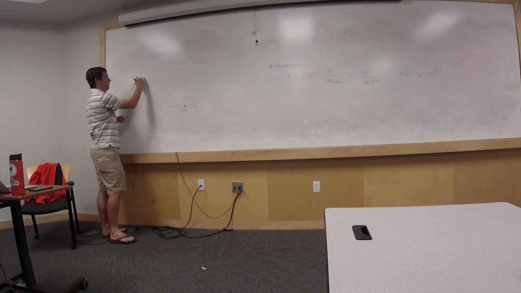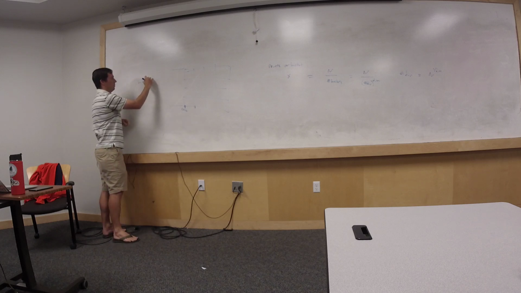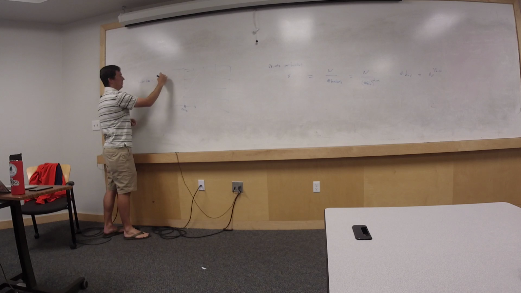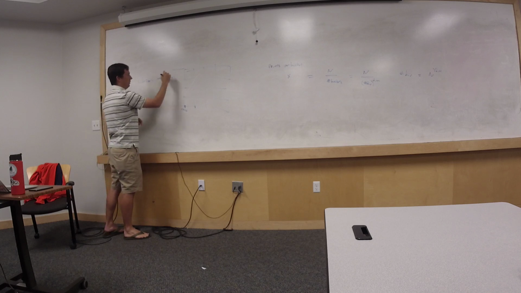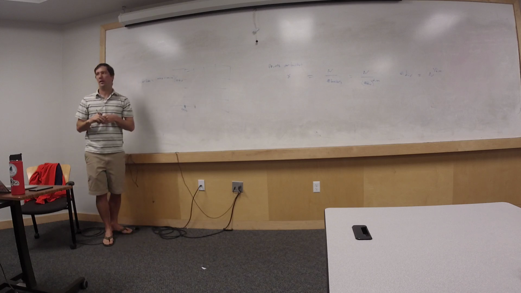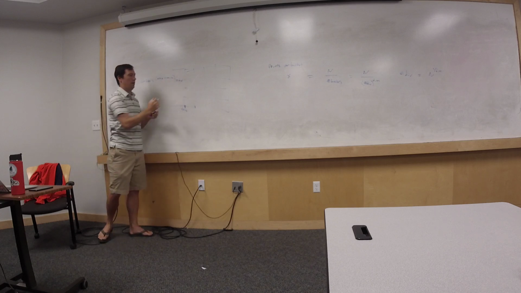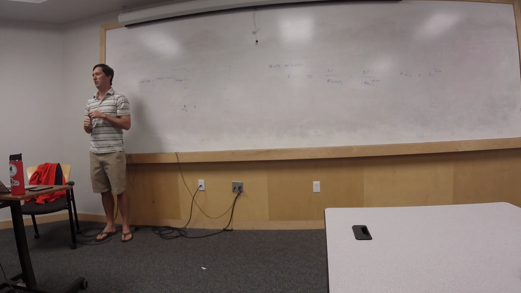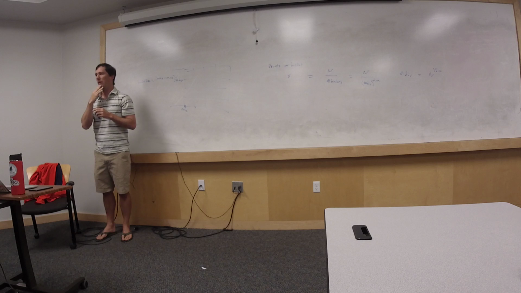So the bucket size is the max minus the min divided by the divisions. And then the corner is just the min.